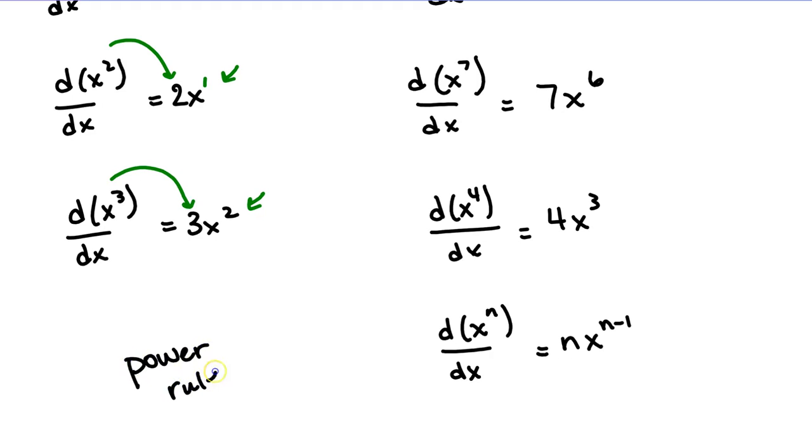for derivatives. And it doesn't only work for integers like 1, 2, 3, 4, 5, and 6. It also works for any real number exponent. So if you had f of x equals x to the pi, the derivative is bring down the pi and subtract 1 to get the new exponent. So the new exponent is pi minus 1.